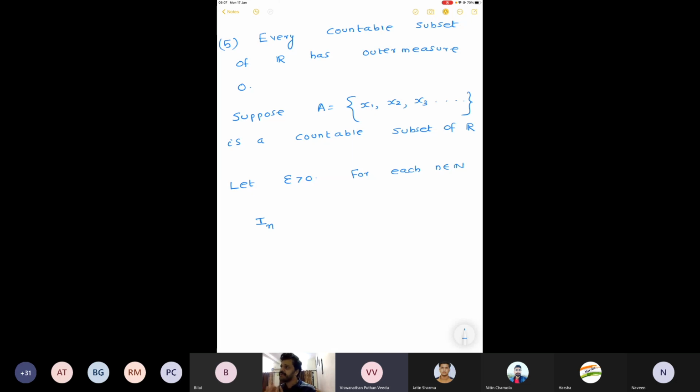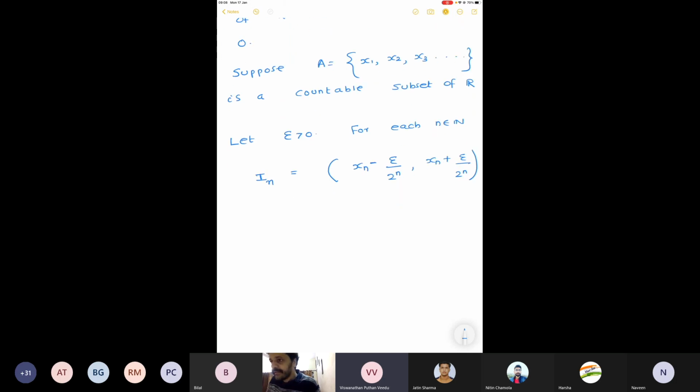I want In. Can you define In? Then the union will cover A. So you take xn and I want to include xn in In. So let us take xn minus epsilon by 2 power n, xn plus epsilon by 2 power n. You will see why this 2 power n. This is an open interval containing xn for each n.